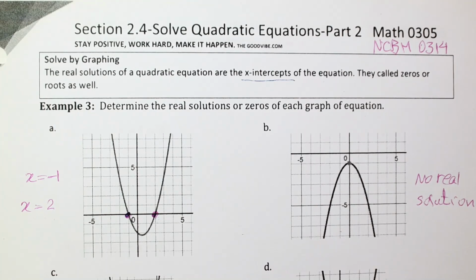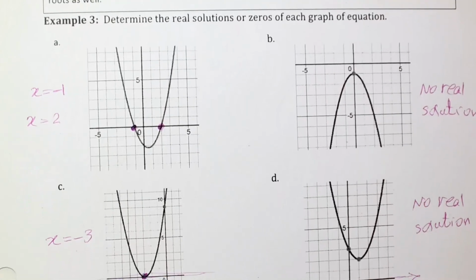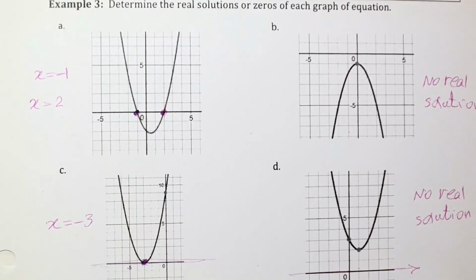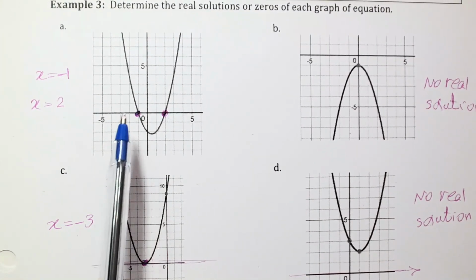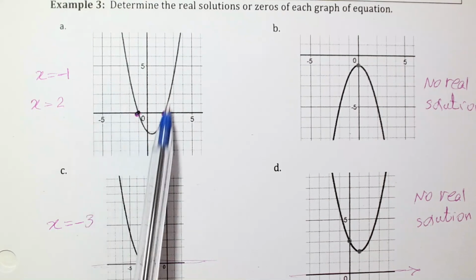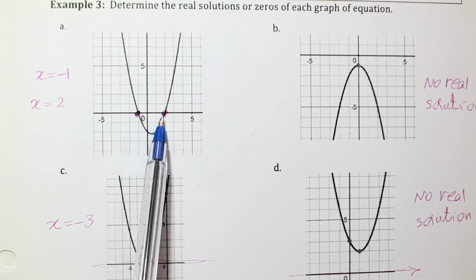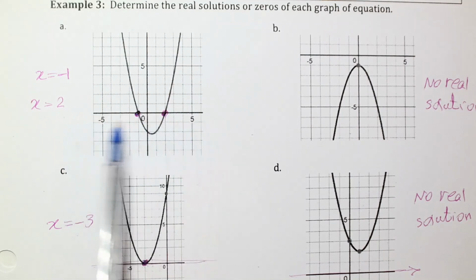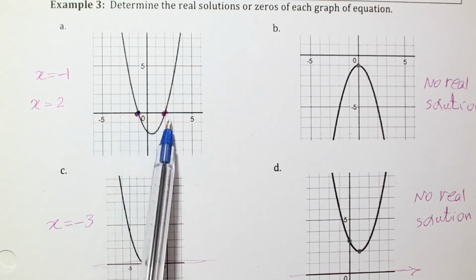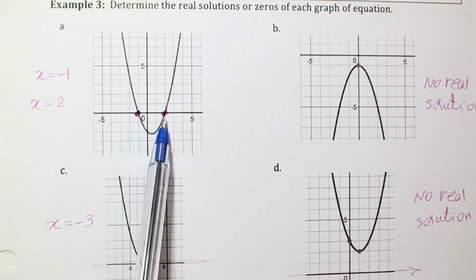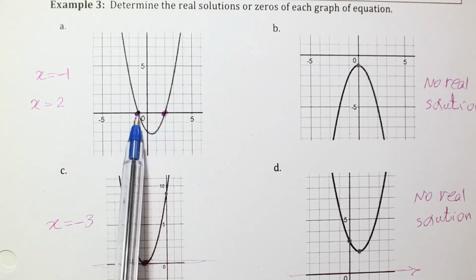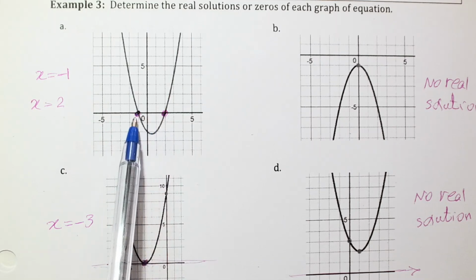So here in these examples you see we have parabolas. In part A, the parabola intersects the x-axis at 2 points. We call these two, -1 and 2, x-intercepts. But at the same time, we call them zeros or roots.